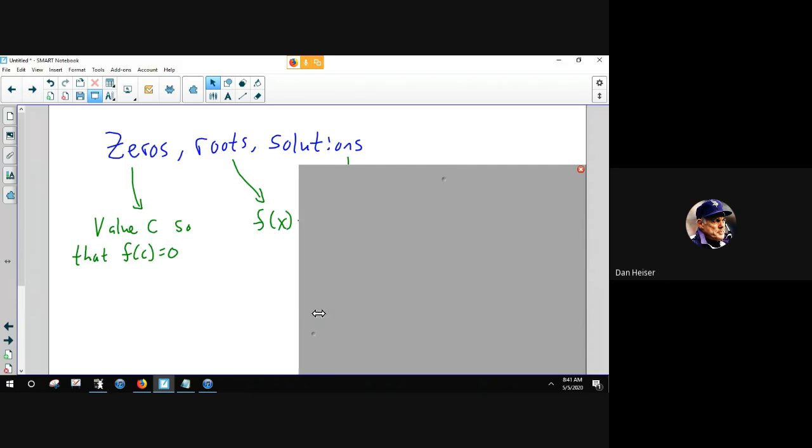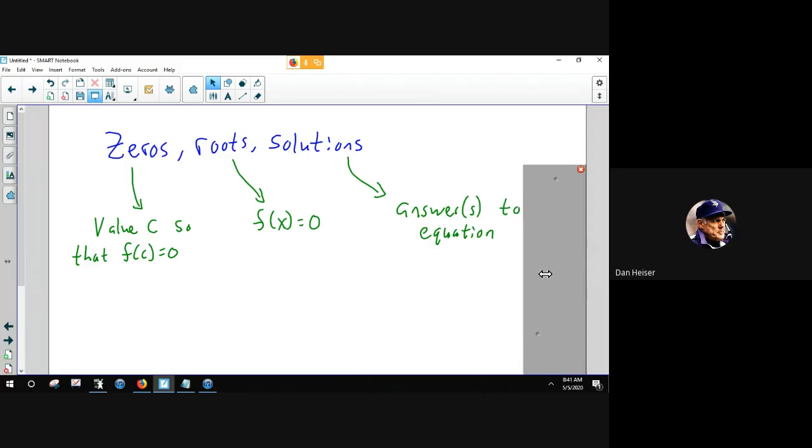If we're talking about a root, we are setting the function equal to 0 and solving it for x, or whatever variable is inside here. And if we're using the term solution, we're just solving an equation. That's all we're doing. So each of these has its own unique, subtle context.